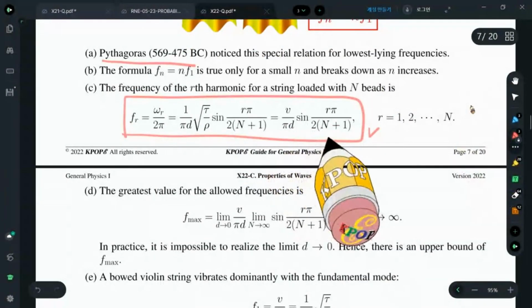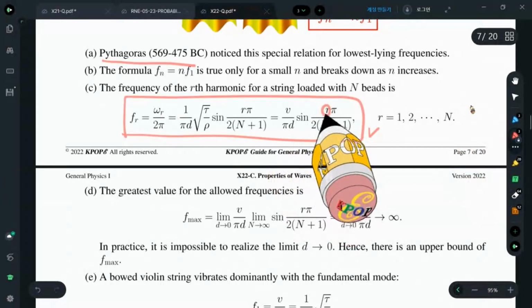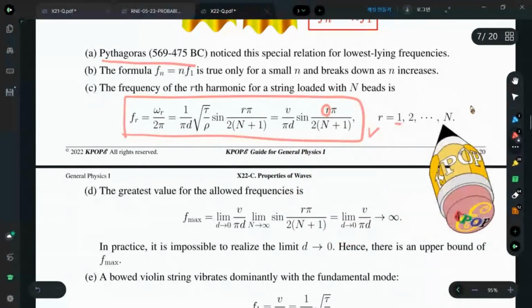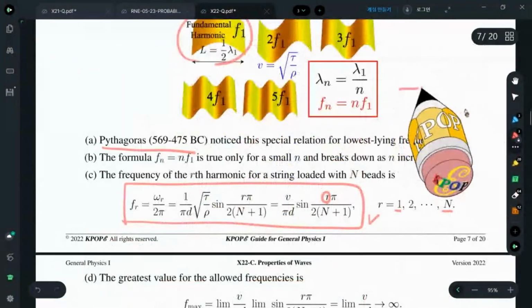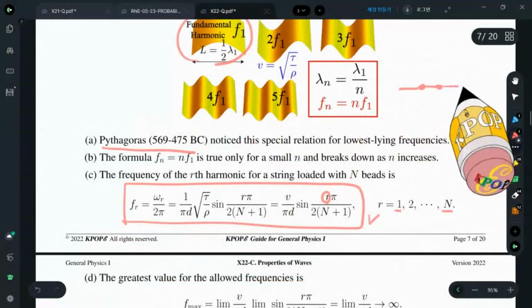So this r runs from 1 to n. Here we made an approximation.